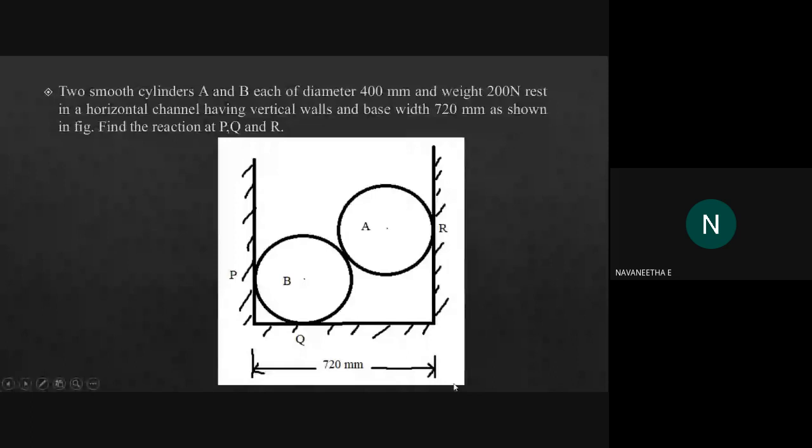Two smooth cylinders A and B. Here the diameter of the cylinder and weight is equal, that is, similar cylinders. Okay, 400 mm diameter and weight is 200 Newton. And the base of the channel is 720 mm.